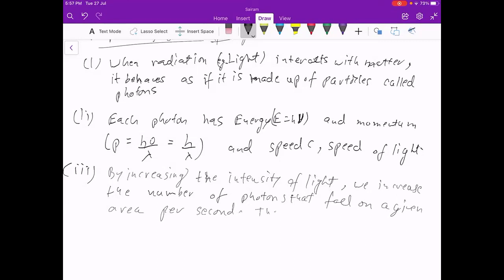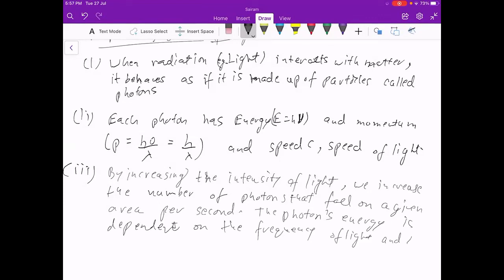The photon's energy is dependent on the frequency of light and not the intensity.